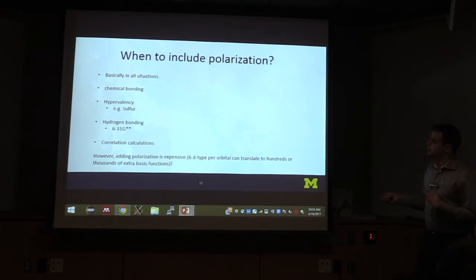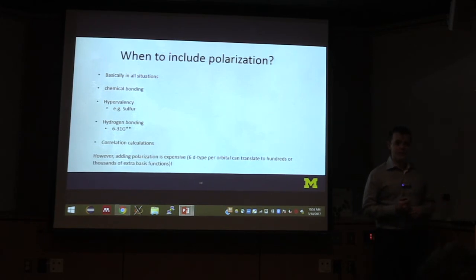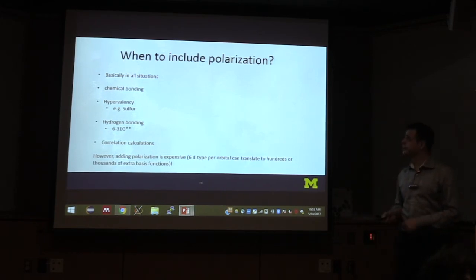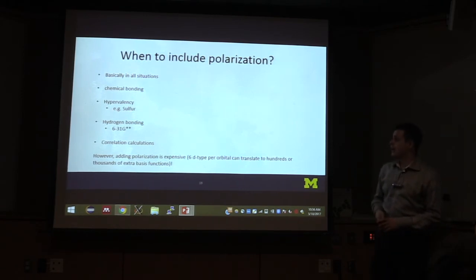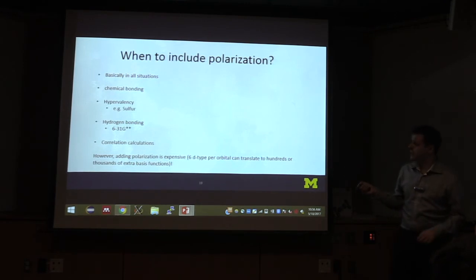So when do we want to include polarization? You want to include polarization basically in all situations that we're working with, because it's important for chemical bonding, and most of us are working with chemical bonding. And if you're ever working with a hypervalent atom, such as sulfur, you definitely want to include polarization.